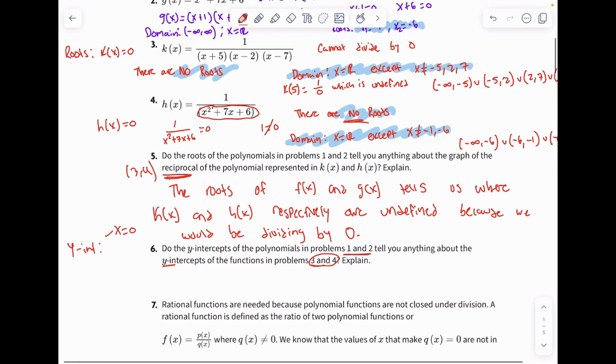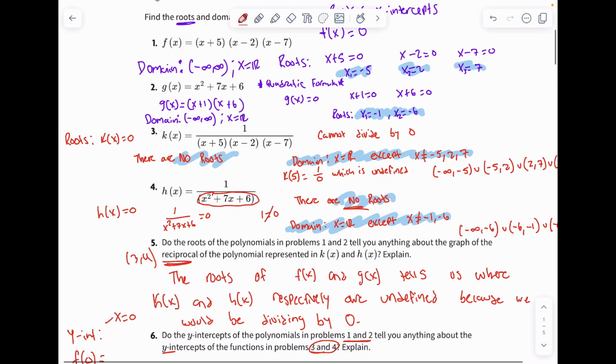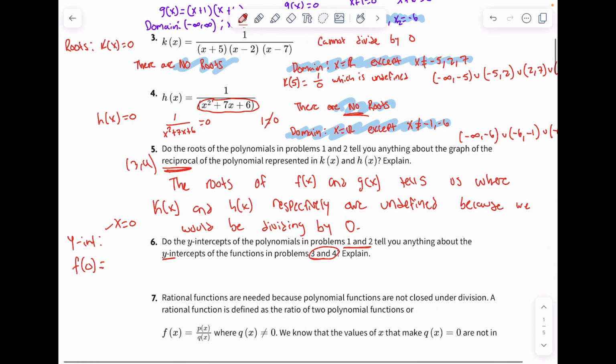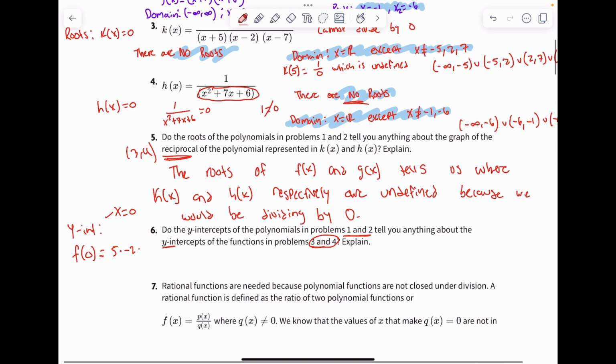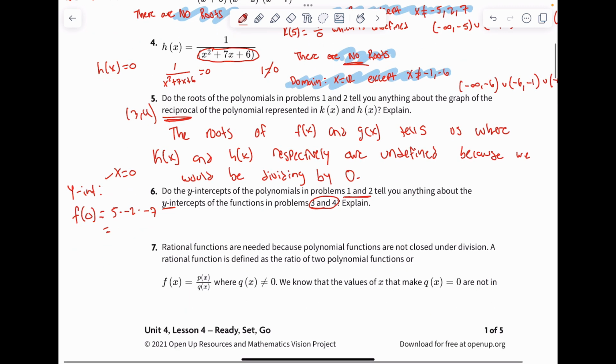So f of 0 was equal to 5 times -2 times -7, so f of 0 was +70.